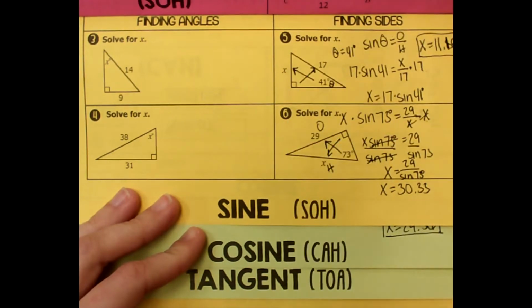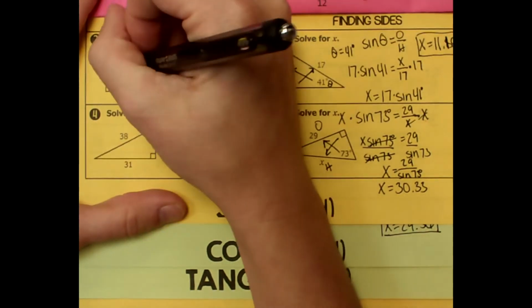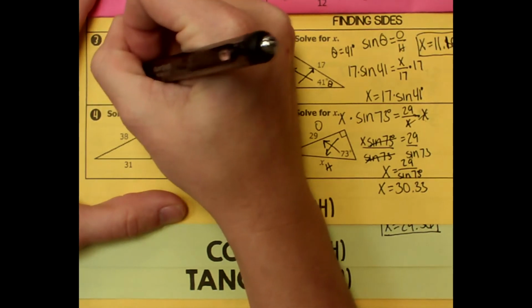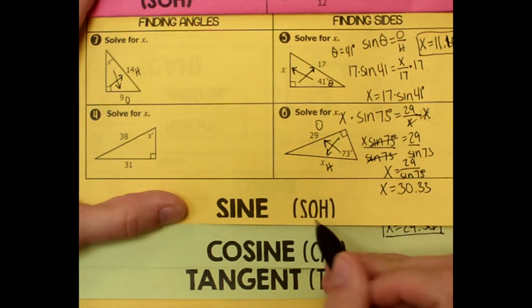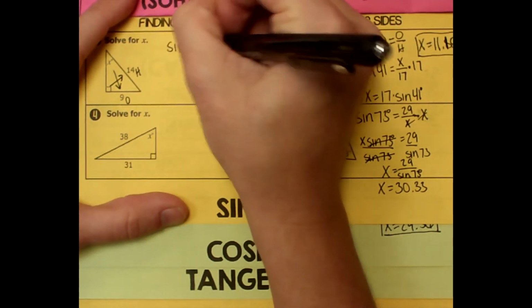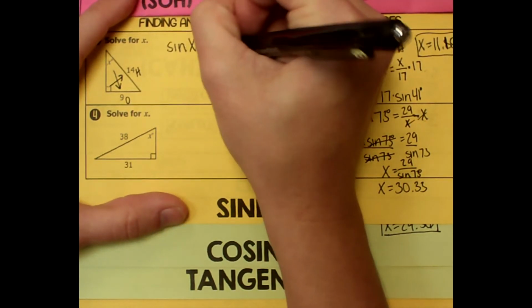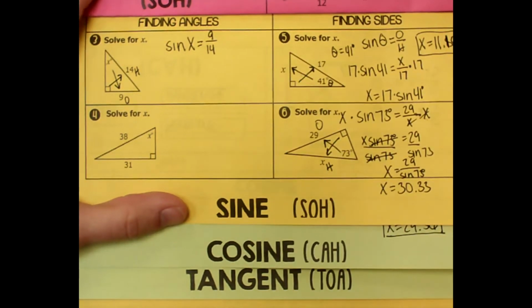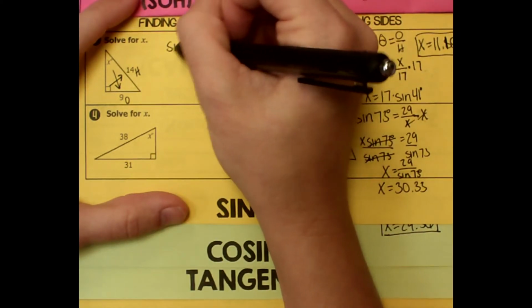So looking at number 3, they gave me the opposite and the hypotenuse, which means I'm going to use sine. So sine of x is equal to 9 over 14. When we're trying to find a missing angle, we want to use the inverse to solve for x, because we have to get rid of this sine.